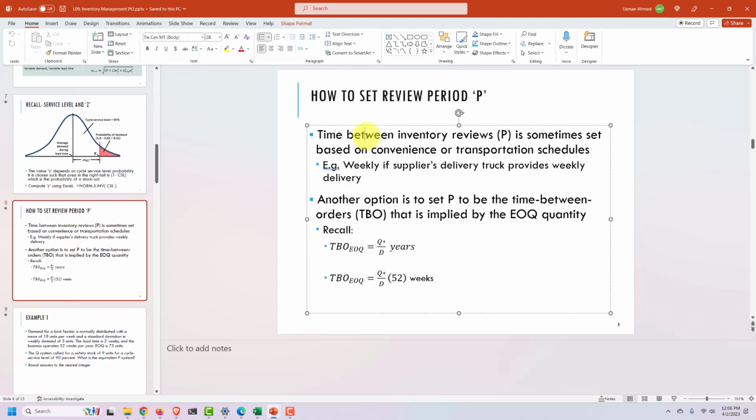Time between inventory reviews P is sometimes set based on convenience or transportation schedules, but the question does not tell us to do that. Another option is to set P to be the time between orders that is implied by the EOQ quantity.